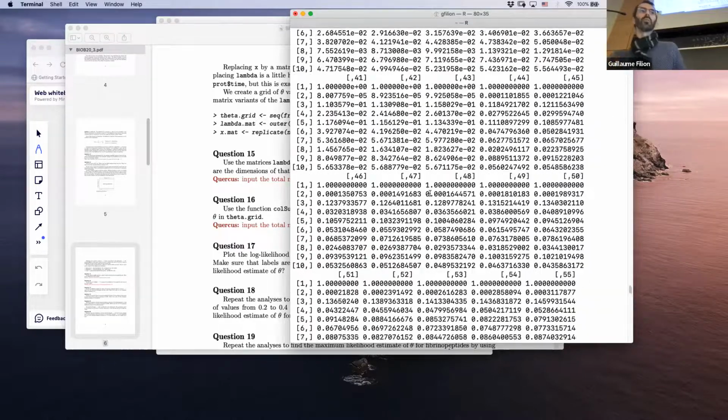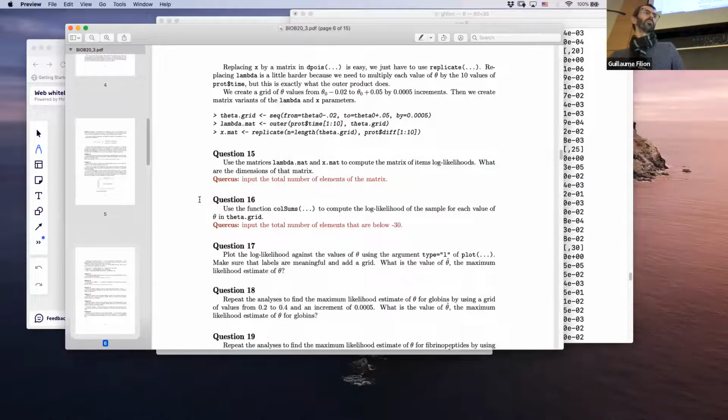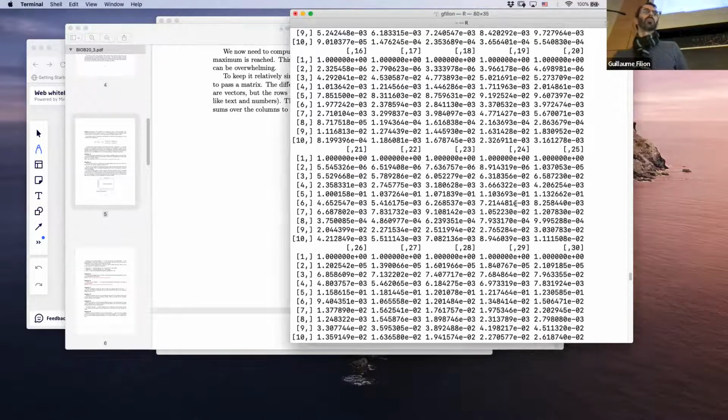So the point that I wanted to make here with this question is that if you replace x here by a matrix and lambda by a matrix, R is fine with it. It says, you give me a vector, a matrix, a 3D array, a 6D array, I don't care. I'm fine with it all. Okay, so we're just preparing this little matrix here so that we can compute the values by the column.